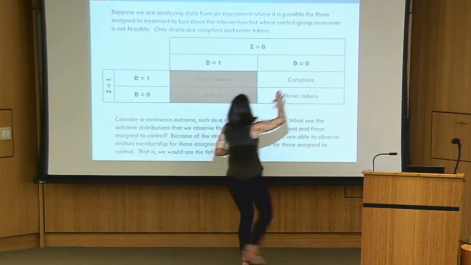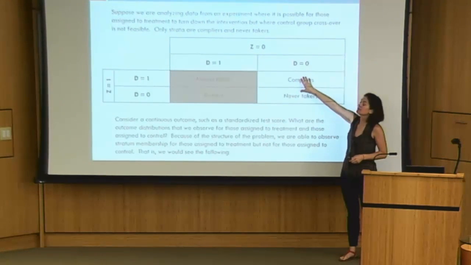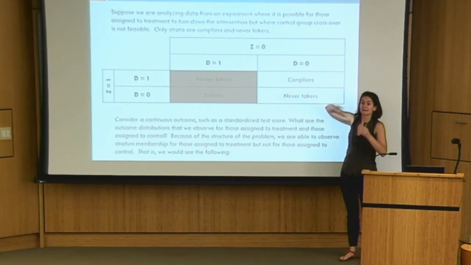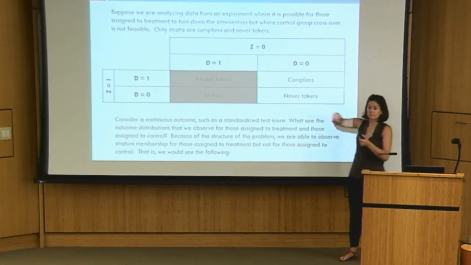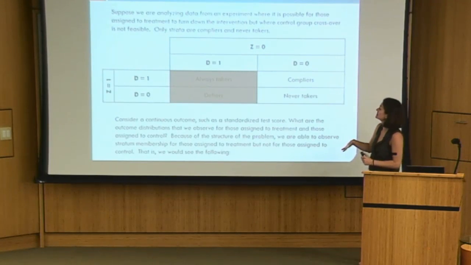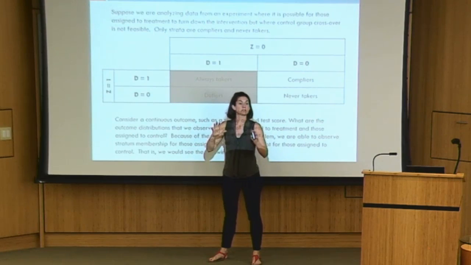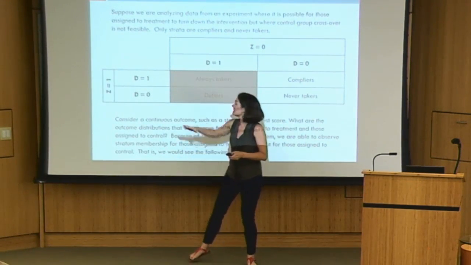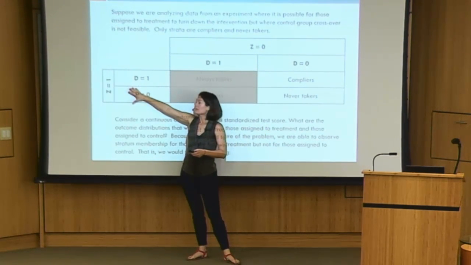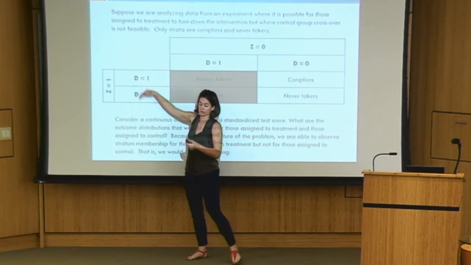But what we don't know is that our distribution here for those assigned to the control condition is going to be a mixture, right? That single distribution is going to include our compliers and our never takers. So just to give pictures to those words, if we looked at the distribution of outcomes, the observed Ys, the observed outcomes, for those assigned to the treatment condition, we can separate these groups out.